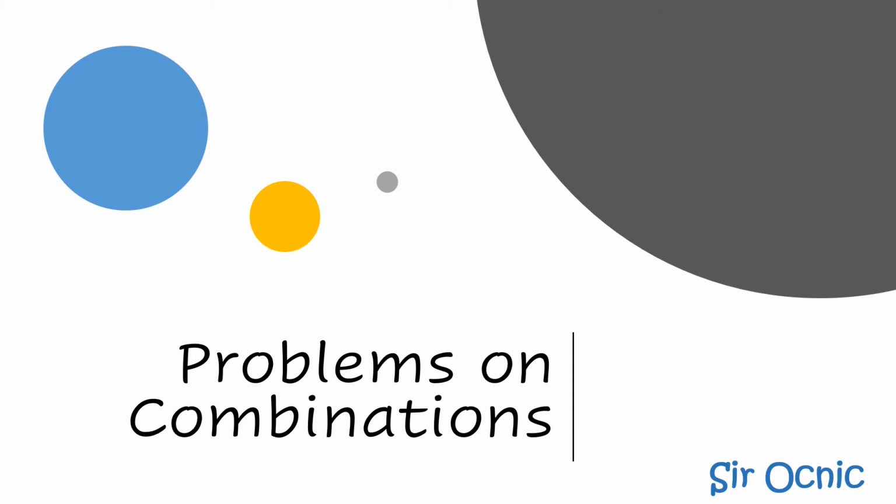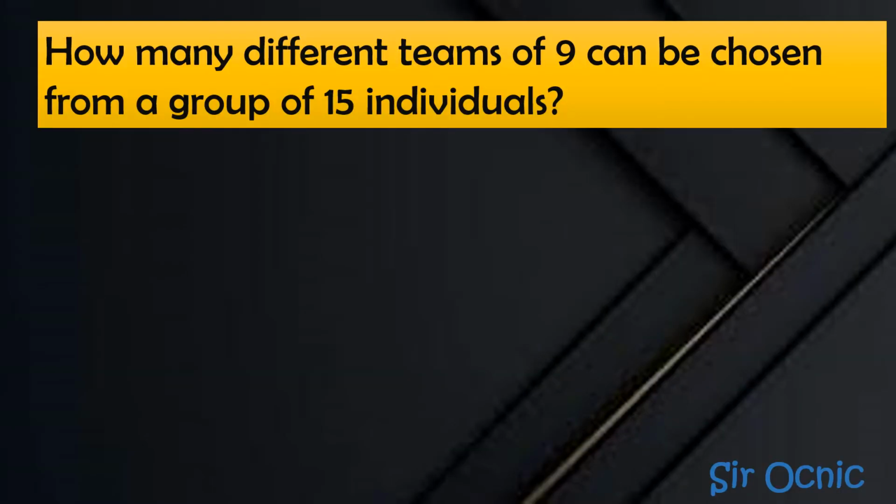Let's now discuss problems involving combinations. How many different teams of 9 can be chosen from a group of 15 individuals? This problem can be represented by combination of 15 taken 9 at a time, since we are to choose 9 individuals from a group of 15.